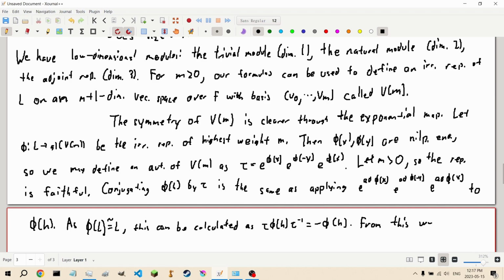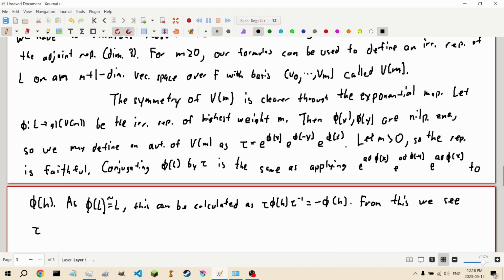and from this we see that tau sends its basis vector vi of weight m minus 2i to the basis vector vm minus i of weight, the negative, which is going to be 2i minus m.